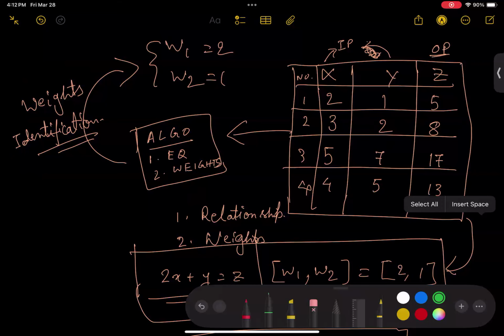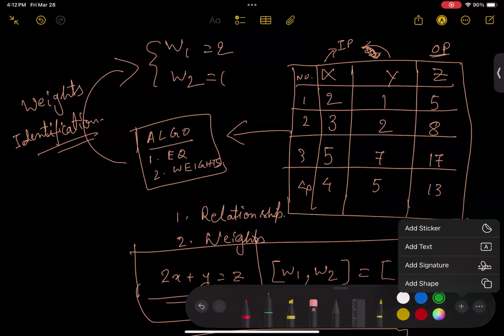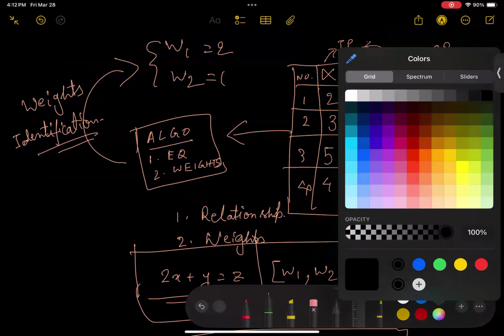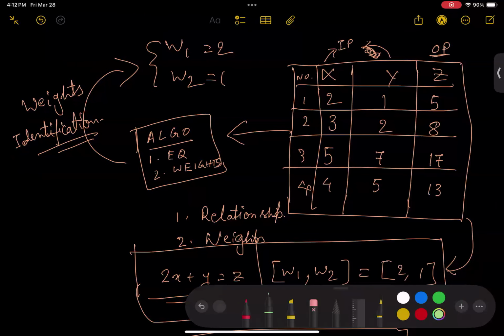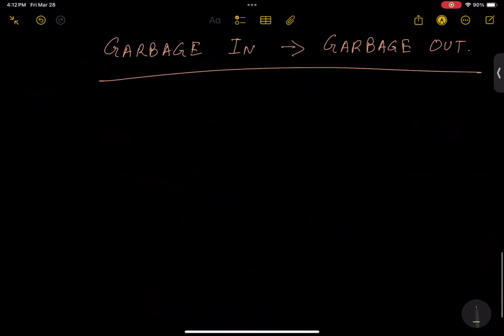So this being said, one thing to understand very clearly is that, let me take another color over here. So see, when we talk about AI, AI is this very big umbrella, right?